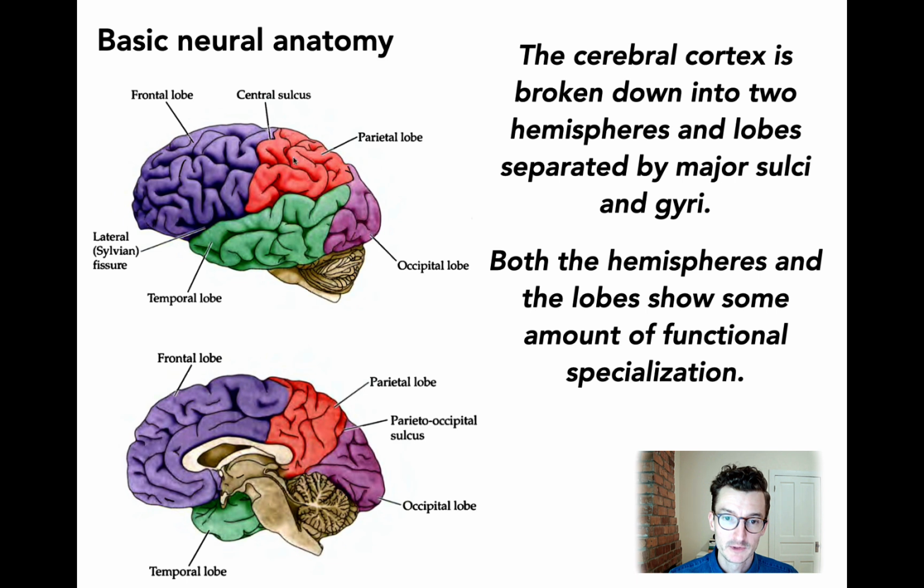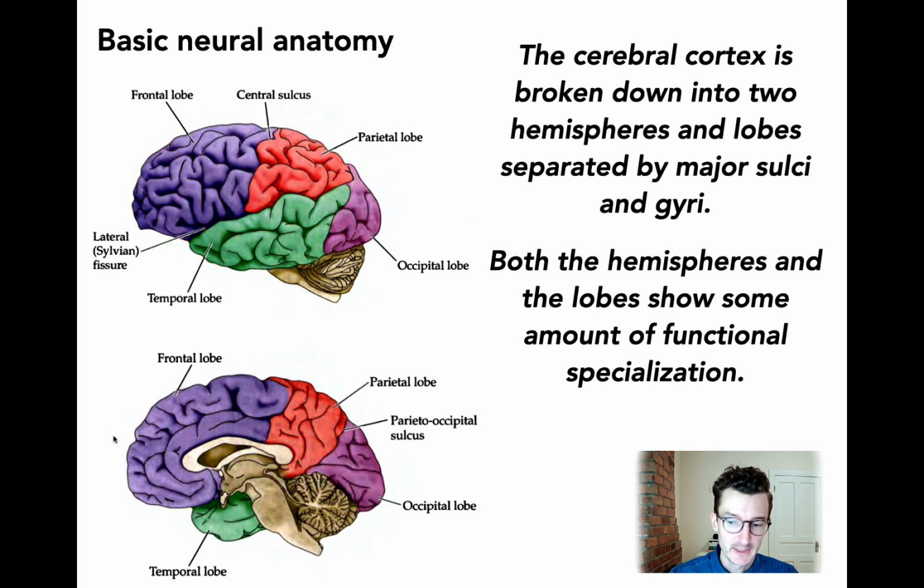The temporal lobe contains primary auditory cortex, so important in perceiving sounds and speech. The occipital lobe contains primary visual cortex, and we'll talk about primary visual cortex a lot in this course because we spend some time talking about visual perception.